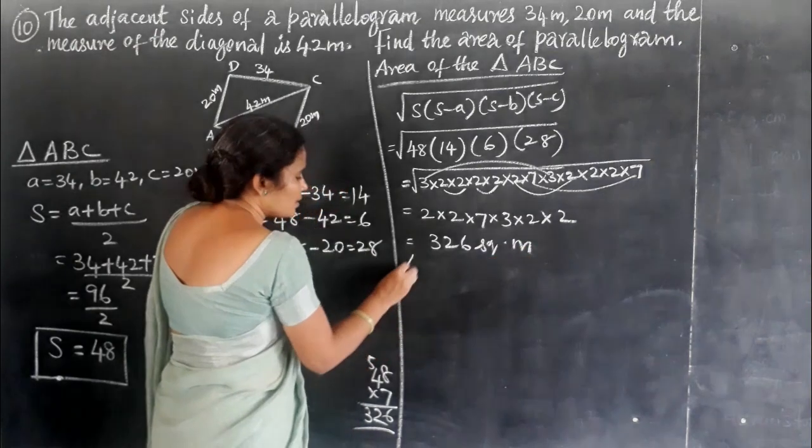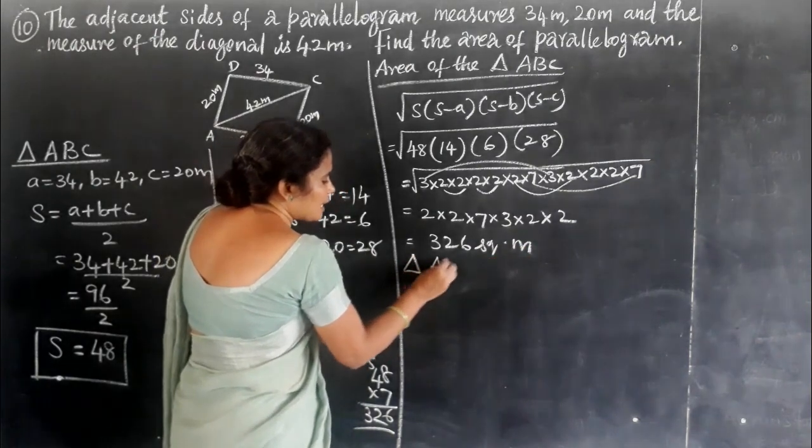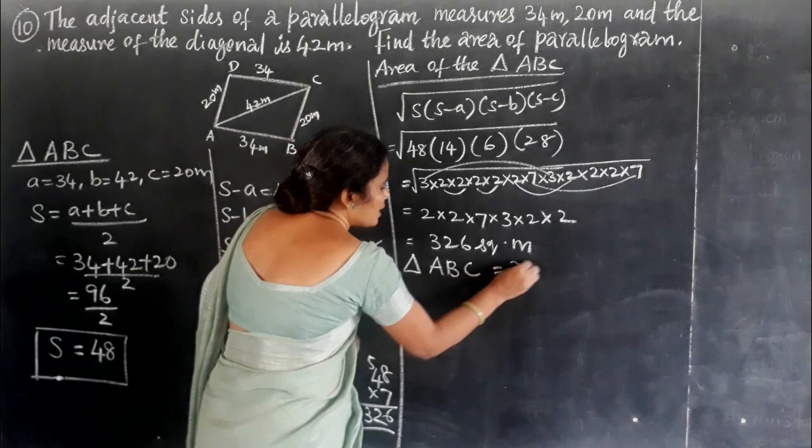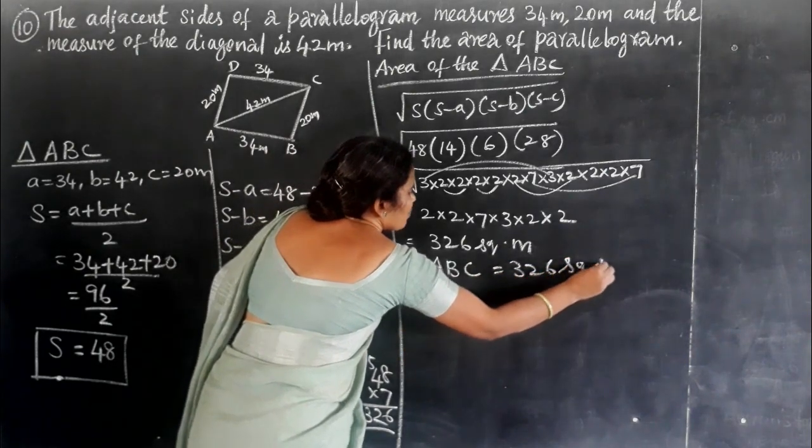So the area of triangle ABC is equal to 336 square meter.